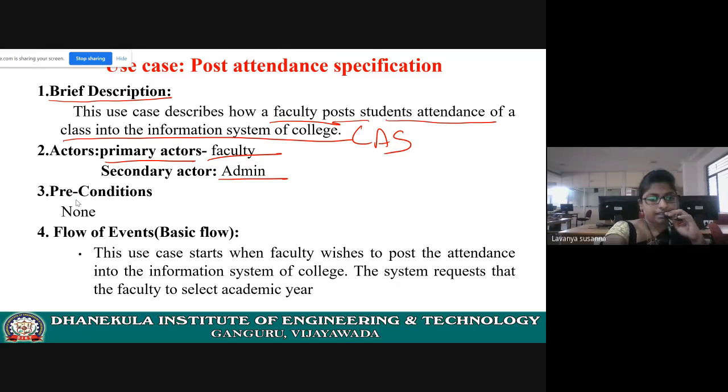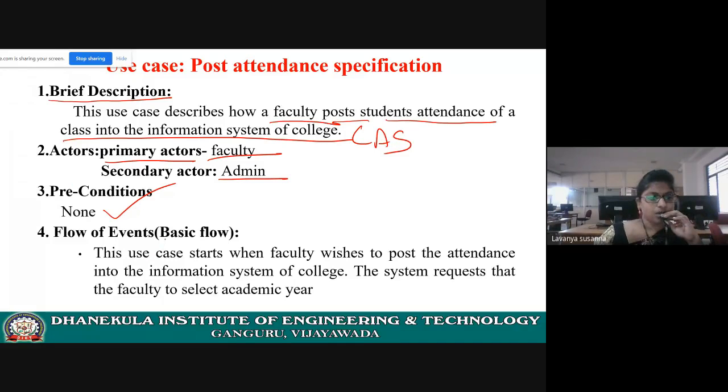If I want to select post attendance, I'm doing nothing, I'm just clicking post attendance and entering the attendance of the students. There are no conditions to be met. So no preconditions.